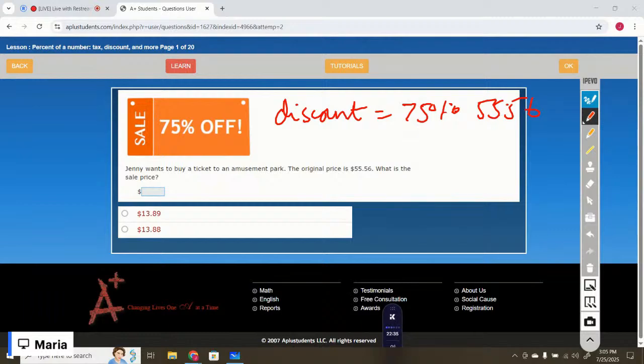That is 75% of 55.56. So the discount is $41.76. You need to calculate the sale price. So the sale price is the original price minus the discount.